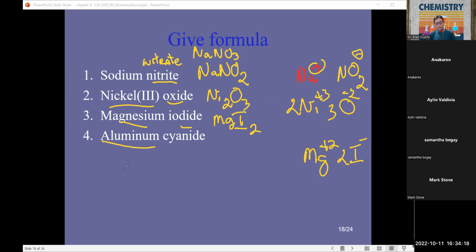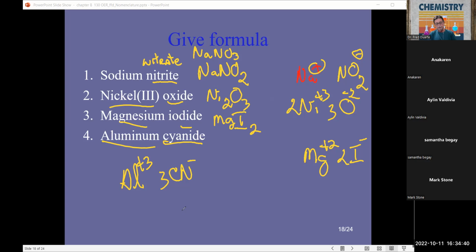Then we have aluminum, which is a +3 ion. And then the cyanide sends you to the polyatomic ion table. We also did this as a Lewis dot structure, and it has a -1 charge. That means we need 3 cyanides for every aluminum ion.